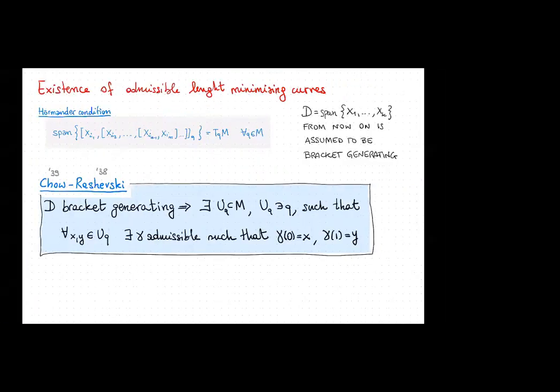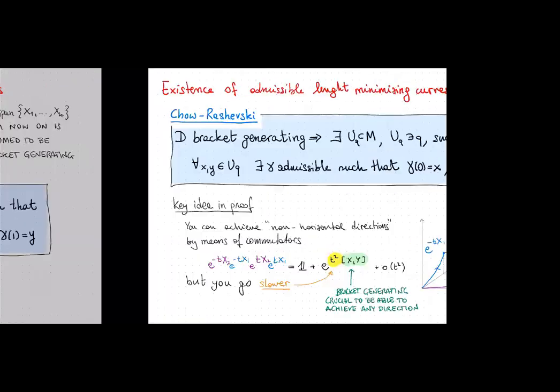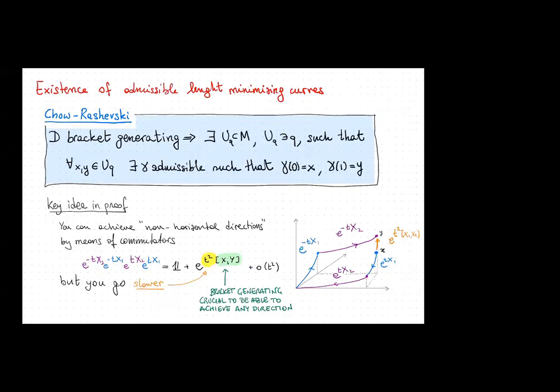And finally, we arrive at why this bracket generating is crucial. It's because when you have a bracket generating distribution, for any point, you find a ball in which any 2 points are connected by admissible curves. And the way you achieve this is exactly what I was mentioning.